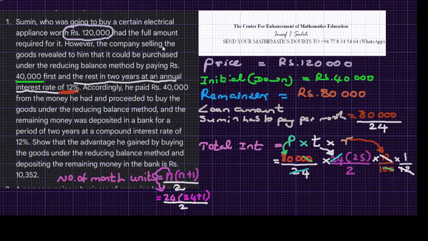So what are we left with now? We have 800 times 25 divided by 2. We also can cancel 2: 800 has 400 2's. So what do we have now? 400 times 25, which is rupees 10,000.